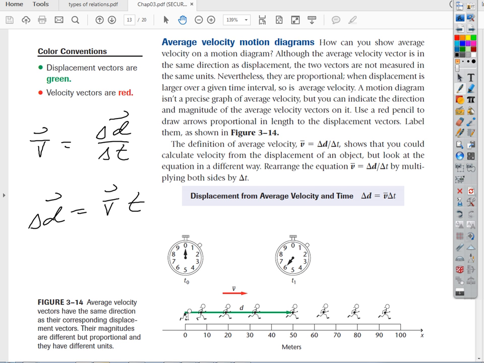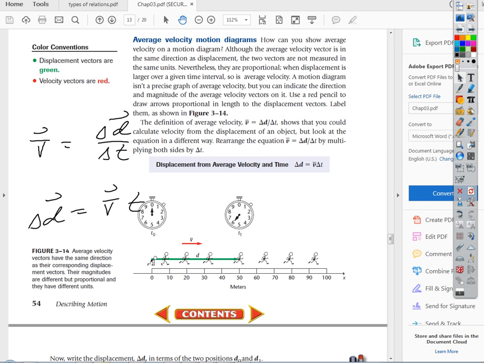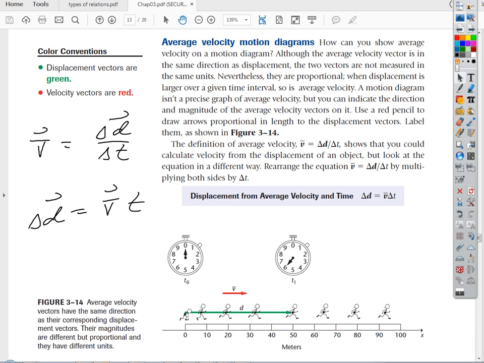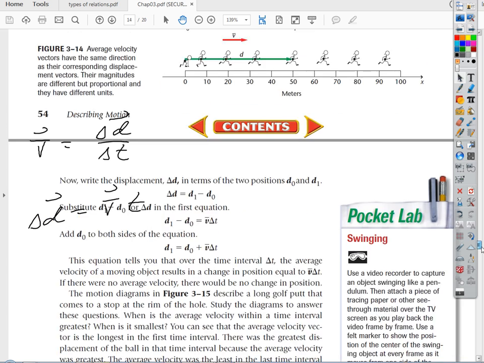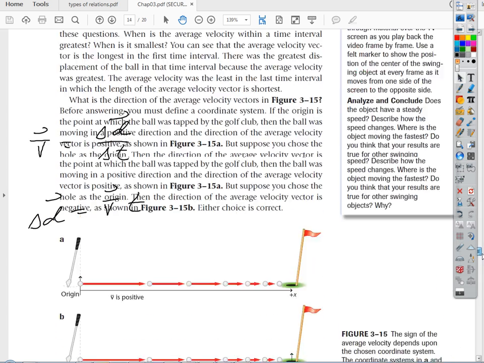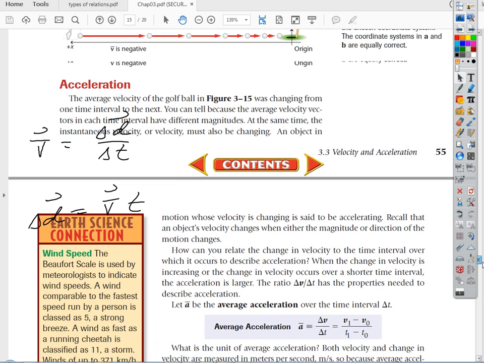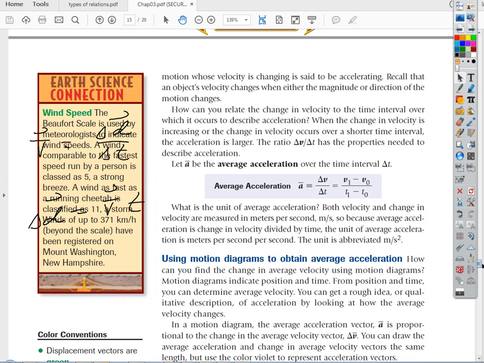Well, we get another one. Acceleration, okay, we got that right.